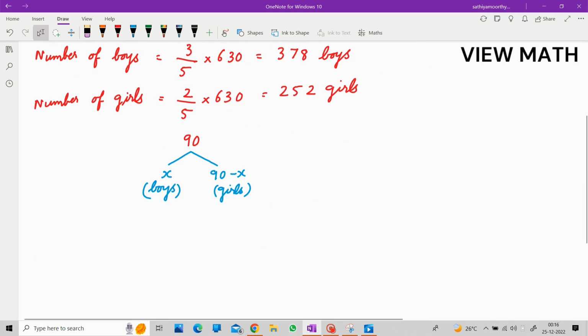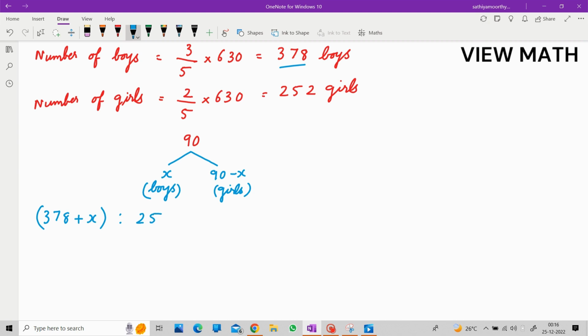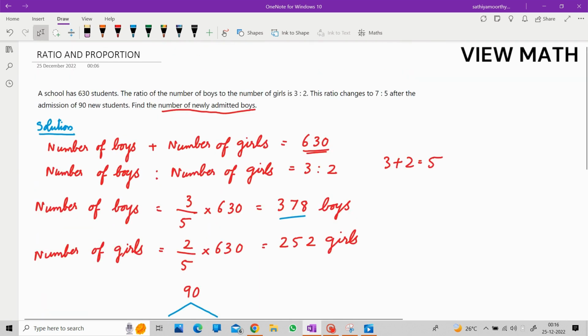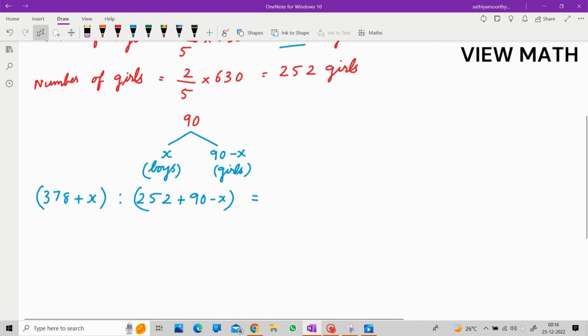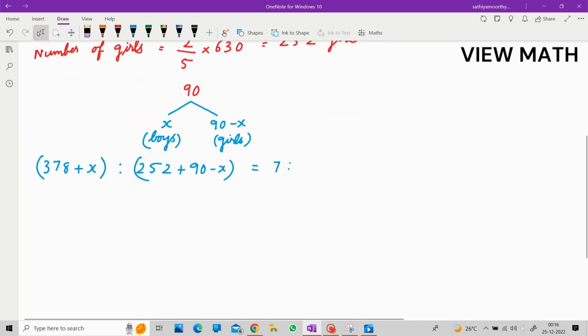Just now we found the number of boys is 378, and X boys have newly joined, so the boys are 378 plus X. The number of girls is 252 plus the new admission, 90 minus X. The new ratio given in the question is 7:5, so let me equate this to 7:5.